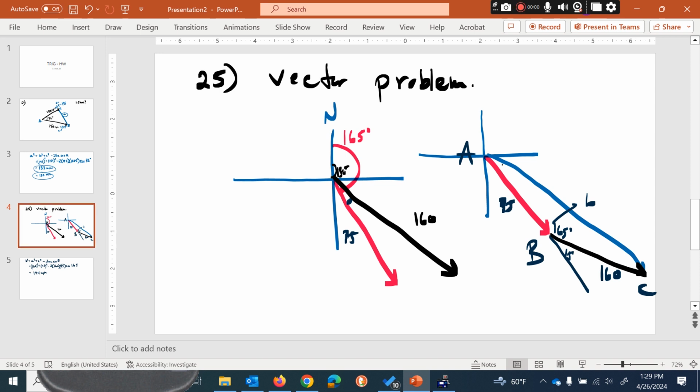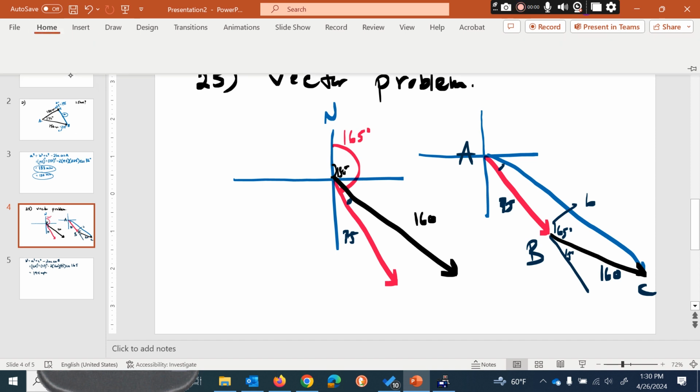I know this right here to be 15. No, that's not 15. That's not going to happen there. Okay, kind of thinking through this here. Well, I know the law of sines, right? I don't know what this angle is. Angle A is going to be over 160. Oh, cool, law of sines. Let's do that.